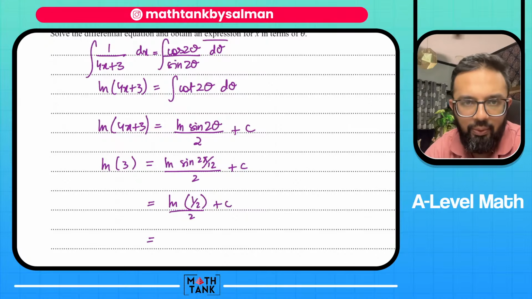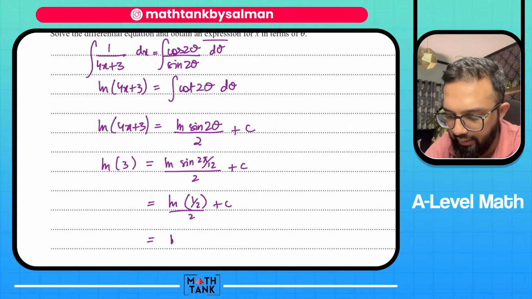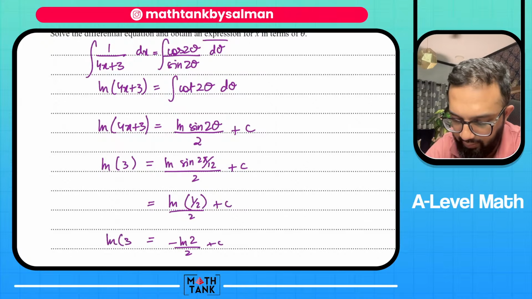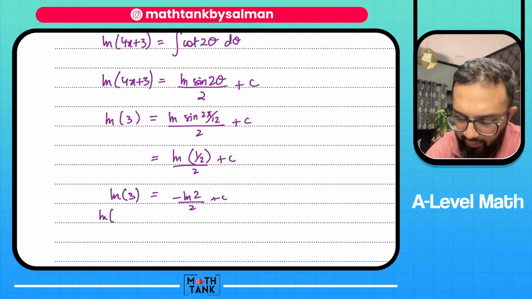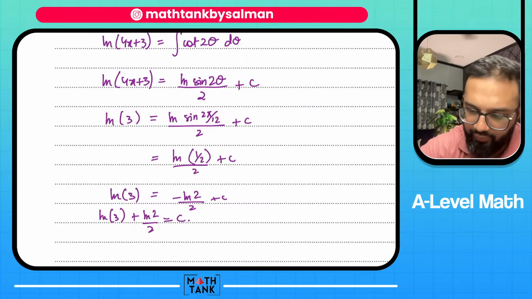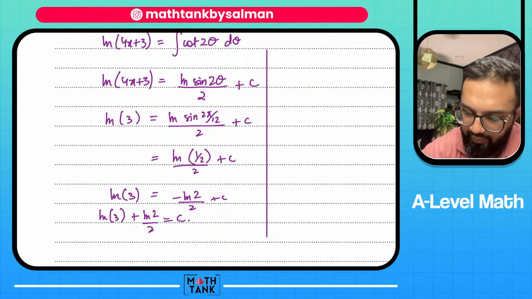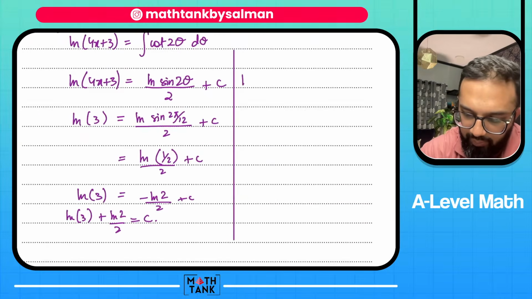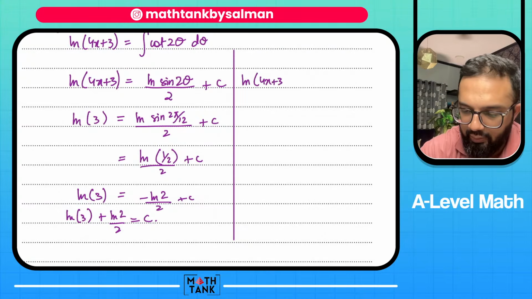Ln half is basically ln 1 minus ln 2, so that's minus ln 2 over 2 plus c. Ln 3 plus ln 2 over 2 equals c. I want to make x the subject of the equation, so I will plug c back in and see what I get. So ln sine 2 theta over 2 plus ln 3 plus ln 2 over 2.